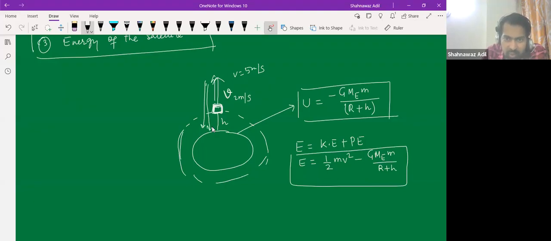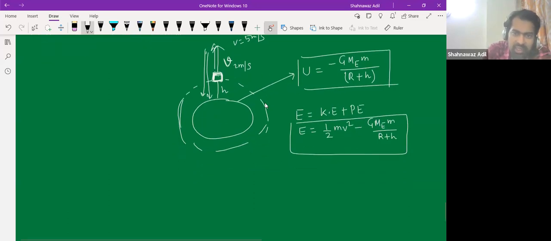But let's say I provided that much minimum velocity so that it reaches this value, then I'll be out of this Earth's influence. So the minimum velocity I would require to escape from this Earth is when my total energy becomes 0.